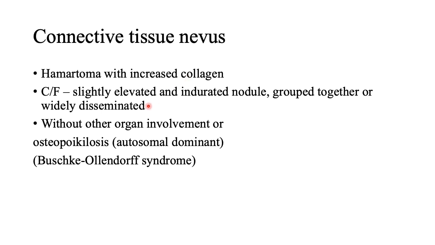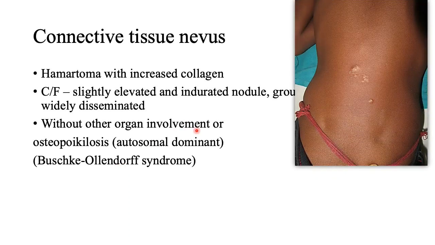Clinically, they are slightly elevated and indurated nodules grouped together or widely disseminated. They are present without involvement of other organs or may present as an autosomal dominant variant with osteopoikilosis, as seen in Buschke-Ollendorff syndrome.